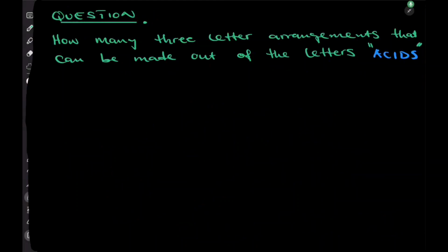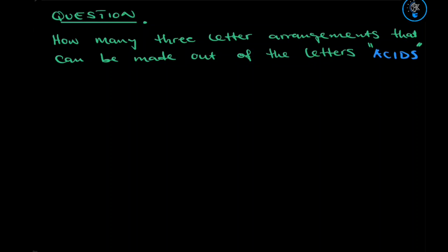The question is, how many 3-letter arrangements can be made out of the letters of the word ACID? So we first need to know the number of letters present in that particular word. We have 1, 2, 3, 4, 5. So we can say n is equal to 5. We have a total number of 5 letters. Then we are told that we need to make 3 letters per arrangement.